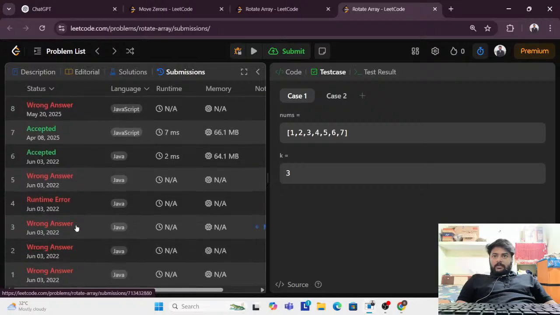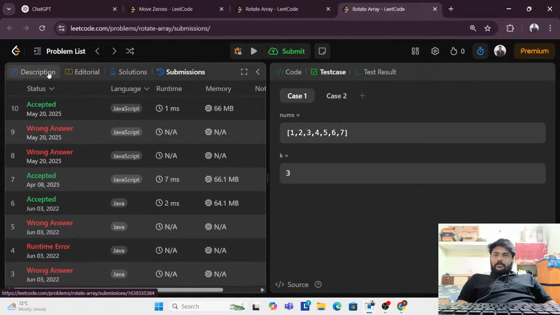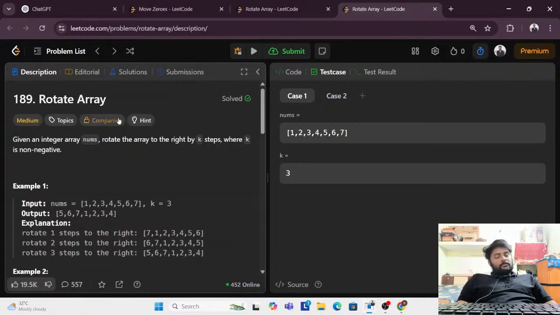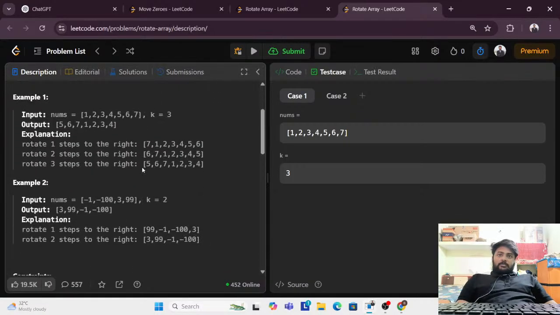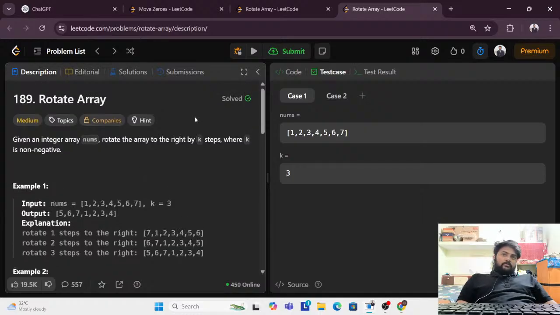I solved it many times, but the last was last month, I guess, 20th of May. So it's almost 1 month since I solved this. Let's see if I can get the logic or not. Obviously I will get the logic, but the exact logic I wrote earlier or not.